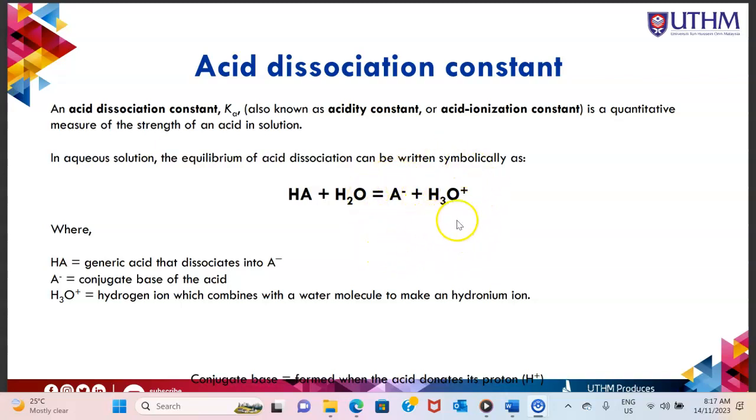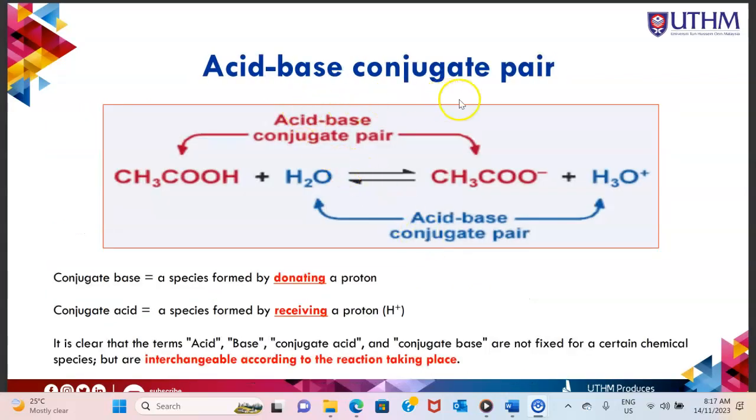And H3O+ is the hydrogen ion, which combines with water molecules to make the hydronium ion. As for the acid-base conjugate pairs, we will have something like this. Acid-base, this is the conjugate pair, and acid-base water, and this is the conjugate pair.